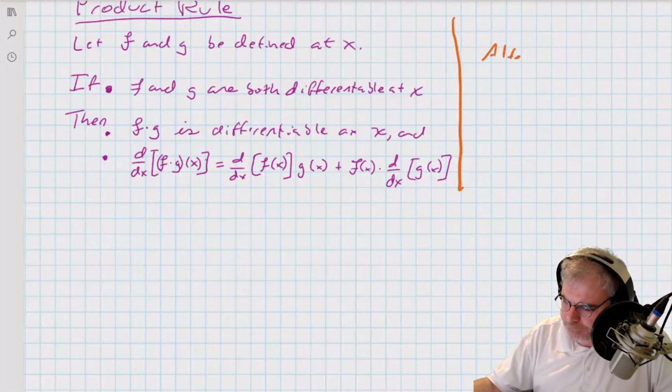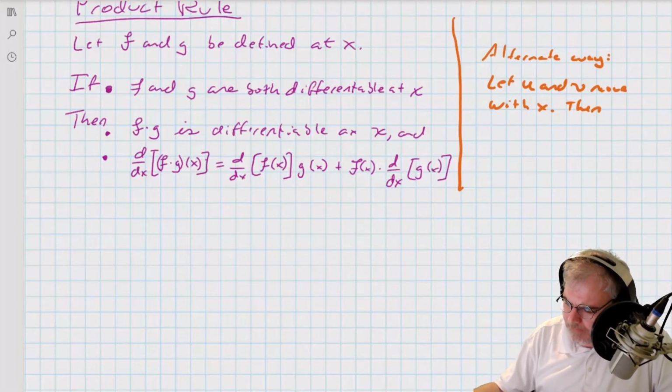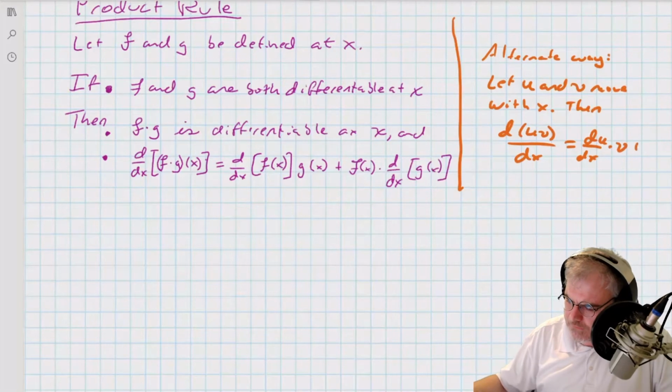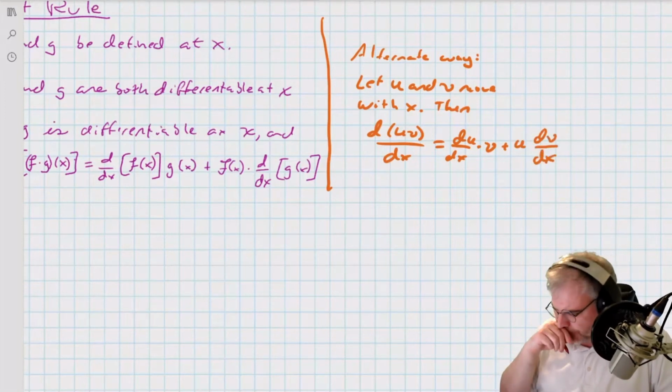Alternate way: let u and v move with x, then d of uv over dx equals du over dx times v plus u times dv over dx.